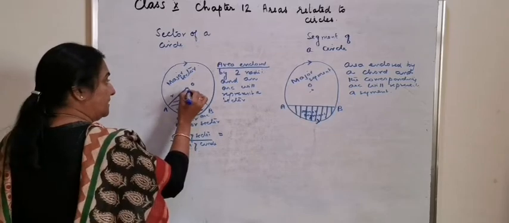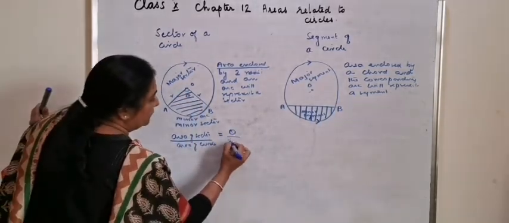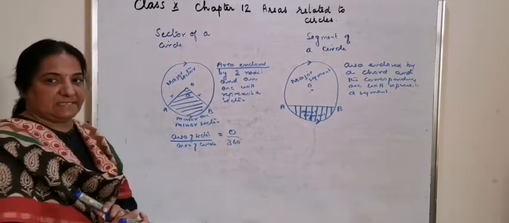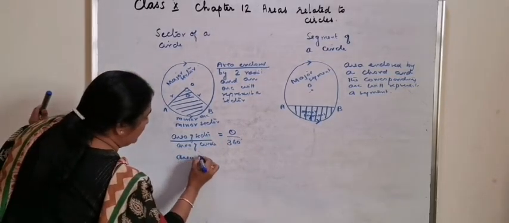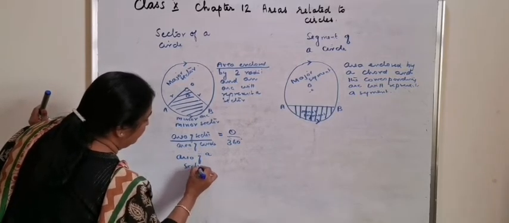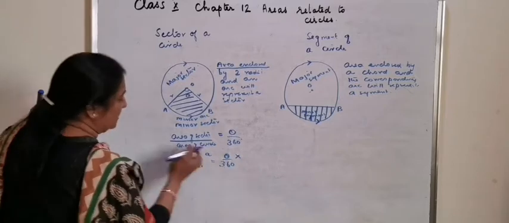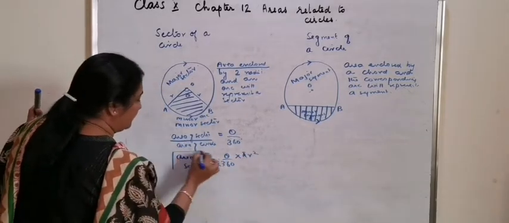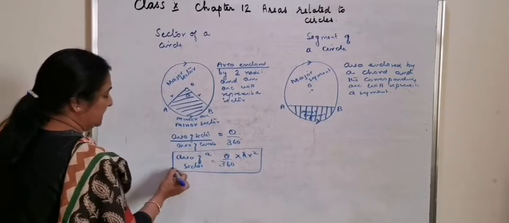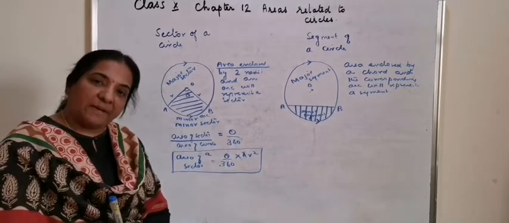The sector angle, we call it theta, is a part of the full central angle 360 degrees. Thus, area of a sector is theta by 360 into area of circle, which is pi r square. Area of a sector can be defined as theta by 360 into pi r square.